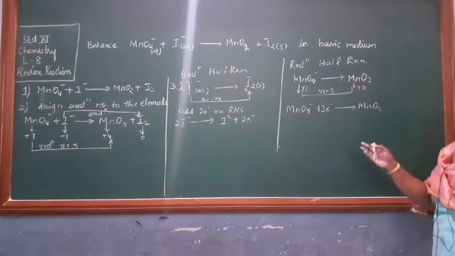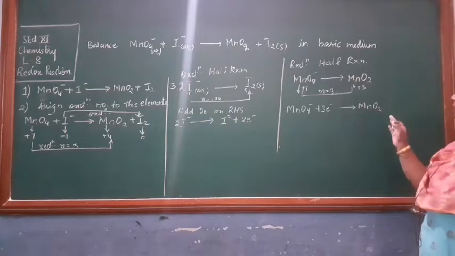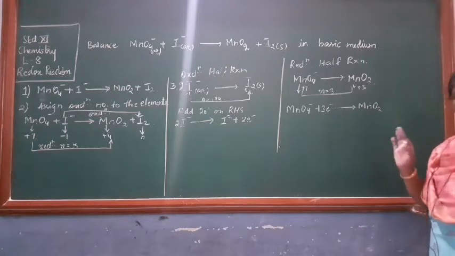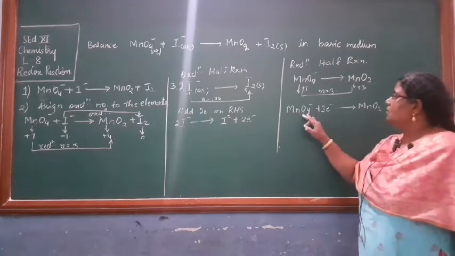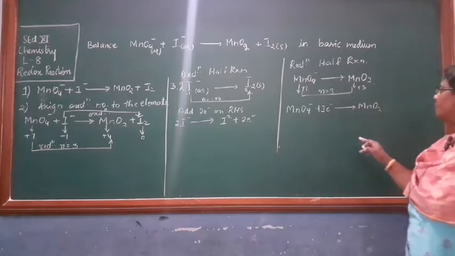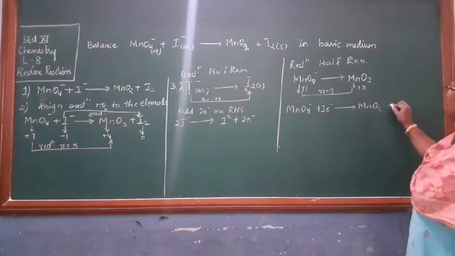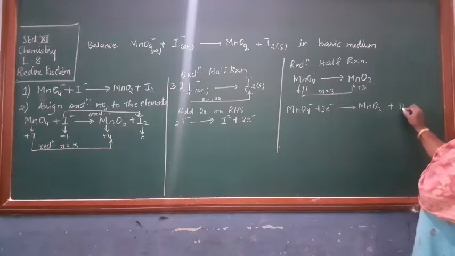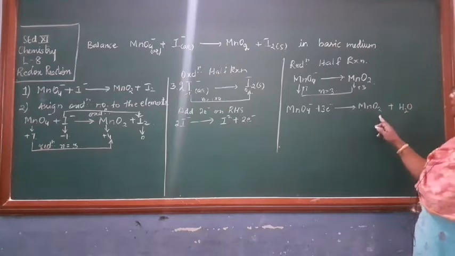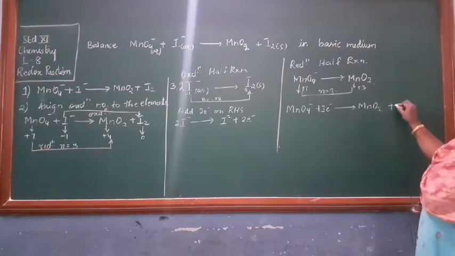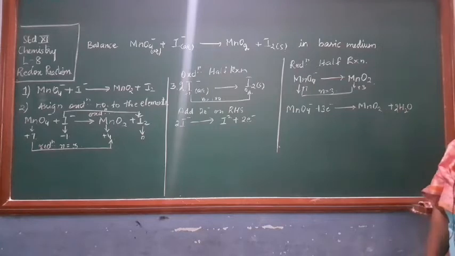To find out the number of oxygen and the number of hydrogen and balance them. What is the oxygen you find here? Here you have 4 oxygens. Here you have 2 oxygens. So I will add H2O. How many H2O? I want 2 oxygens, so I will add 2 H2O here.